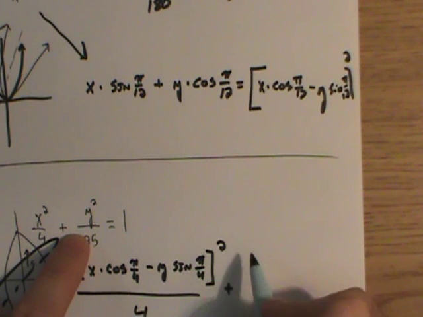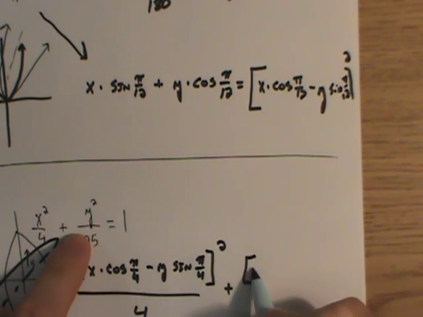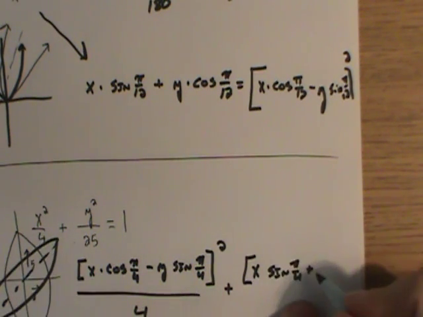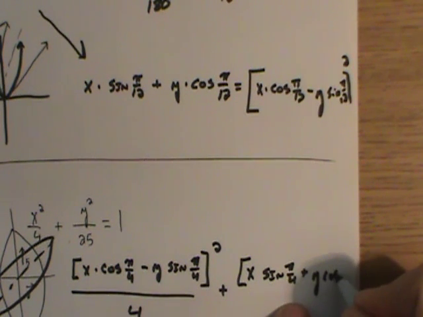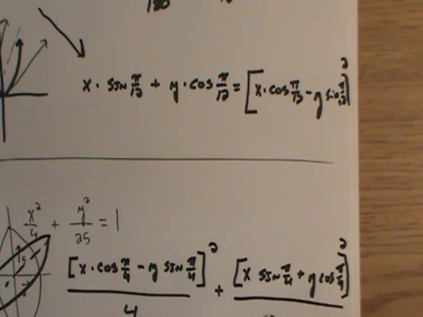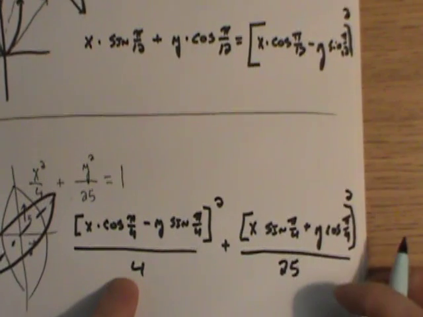So I would say x sine pi over 4 plus y cosine pi over 4, close that out, square it, put it over 25, and then set that equal to 1.